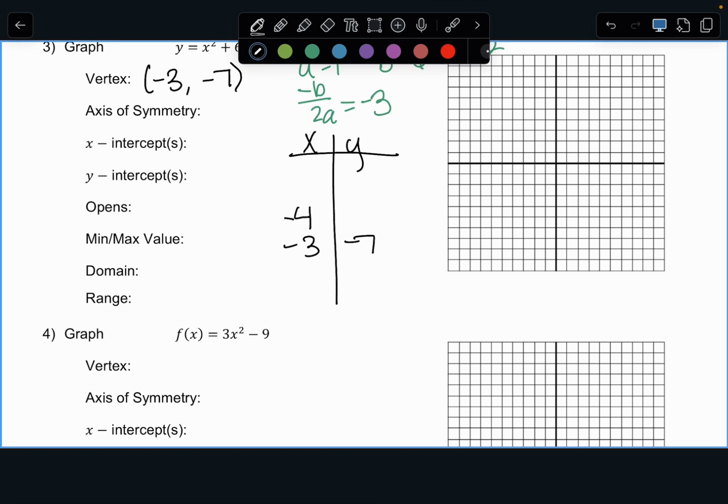I'm at negative 4, negative 5, negative 6. If you switch them and put these ones down here, that's fine, I would just be careful. Just pay attention. And then if we add 1, negative 2, negative 1, 0. Again, I'm going to 0 here because I know I need a y-intercept. Now I use my 1, 3, 5, 7 rule.